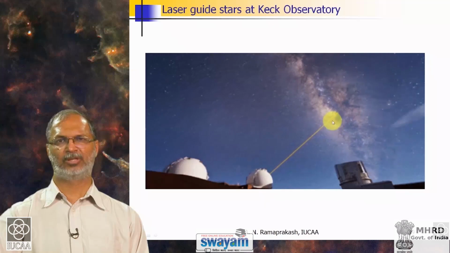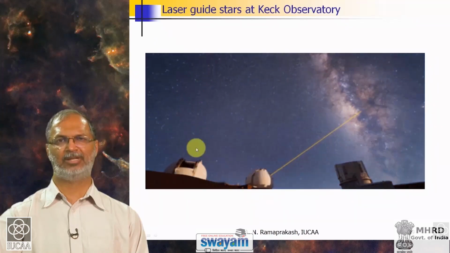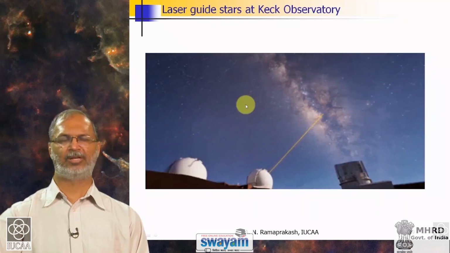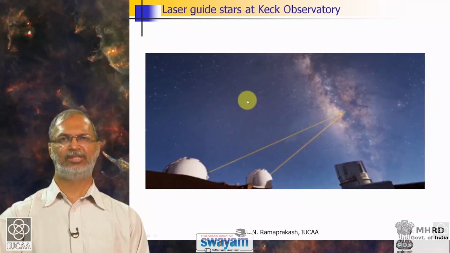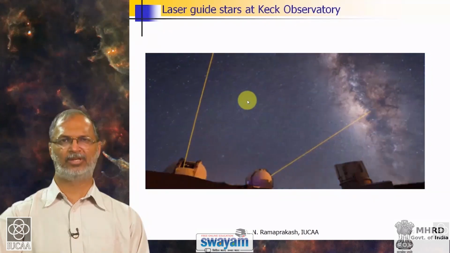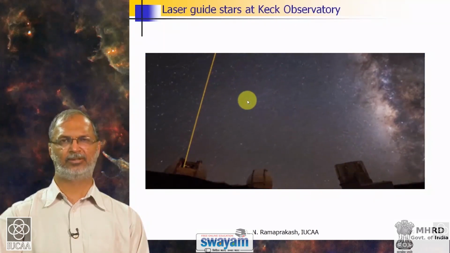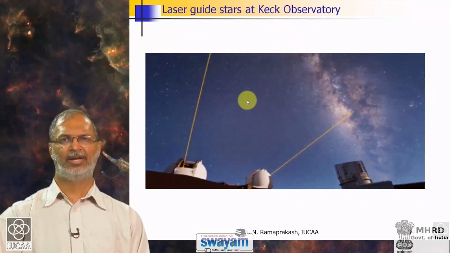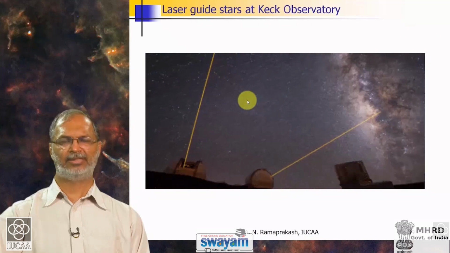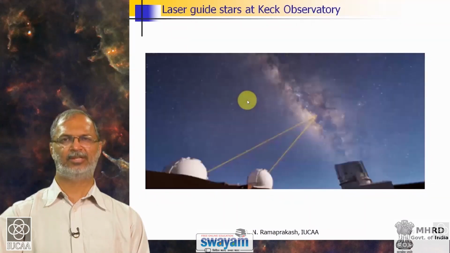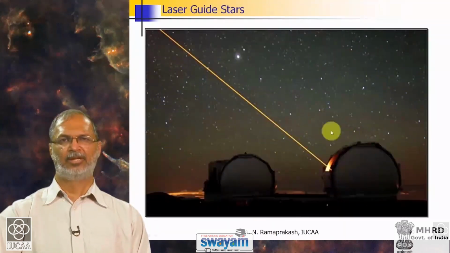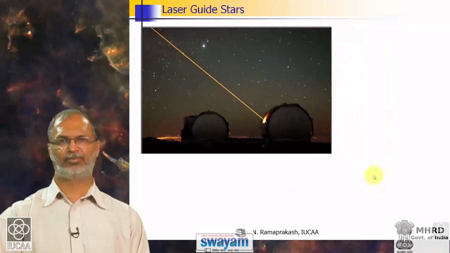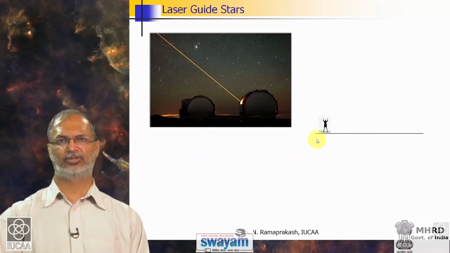If both the telescopes are looking in the same direction, they point in the same direction, or they point in different directions in the sky, and they form artificial guide stars, using which you can compensate for the atmospherically introduced turbulence, even if you can't find a bright enough natural reference star sufficiently close to your target. This is just another illustration of a laser beam being projected out of the Keck telescope.